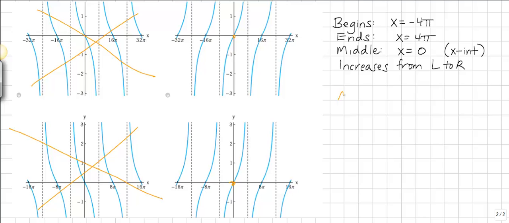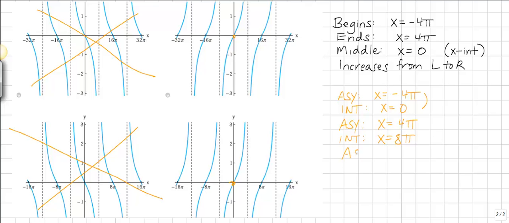Okay, so if we have asymptote, intercept in the middle, asymptote, then where's the next intercept? Well, these are 4 pi apart, so the next intercept would be at 8 pi.